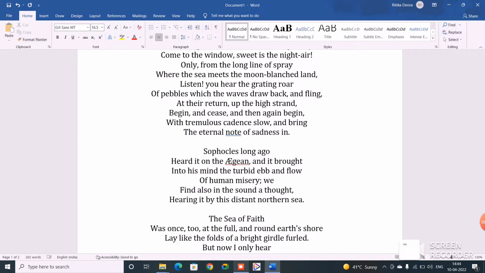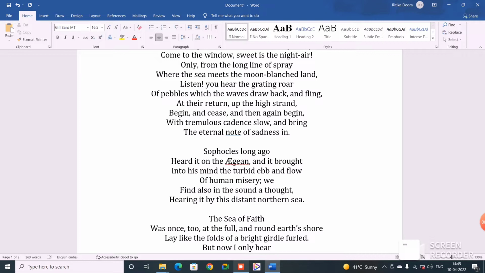And therefore he is saying that maybe Sophocles would also have stood on a sea beach, and this sea being referred to here is the Aegean, which is in the north, in Greece. So he is saying that he also must have stood on the Aegean Sea in order to understand the ebb and flow of human misery with the help of the ebb and flow of sea waves.